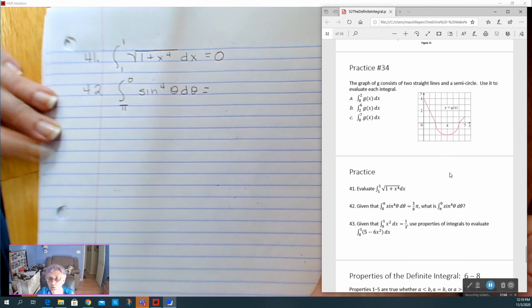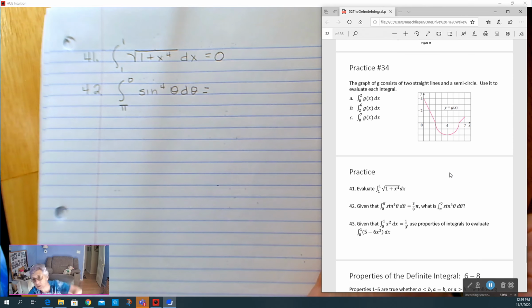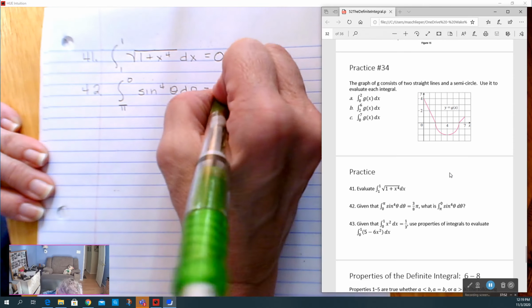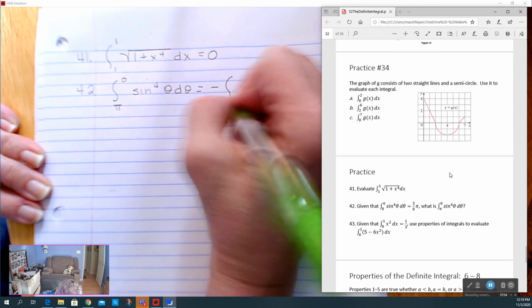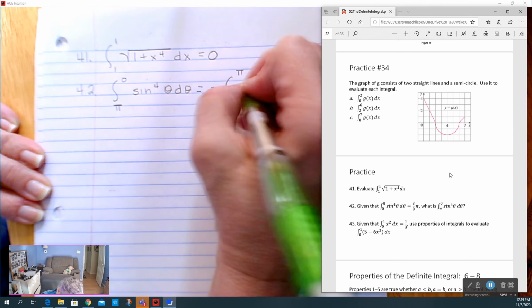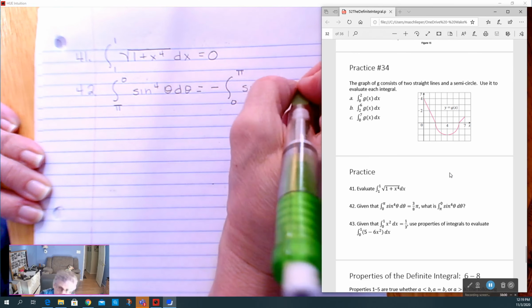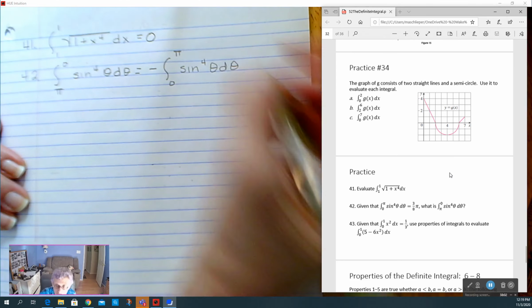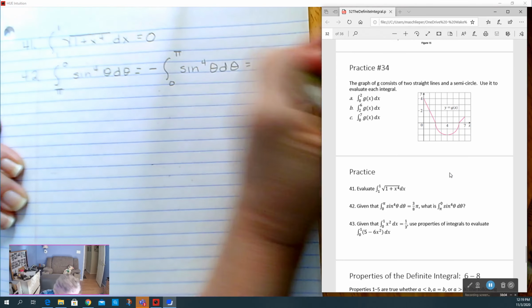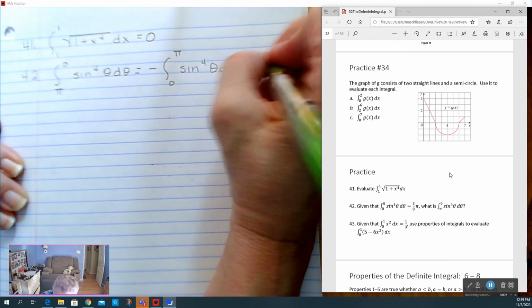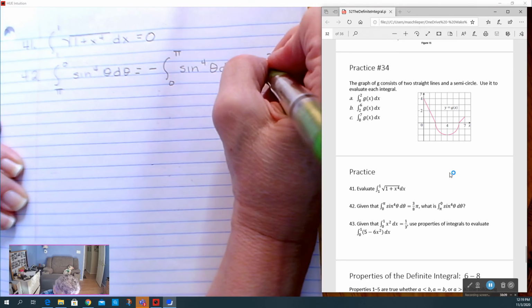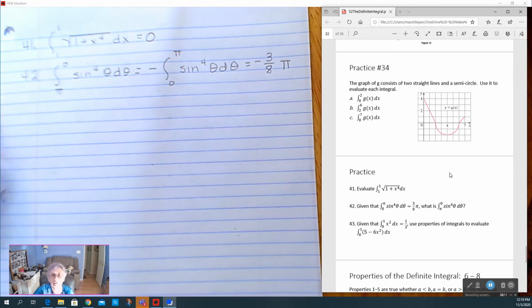So since we have flipped our limits of integration, that means this is the negative of the integral from 0 to pi. And I know I'm putting in lots of steps. You didn't have to put this step in. If this were a test question, you could have gone directly to negative 3/8 of pi and been done with it.